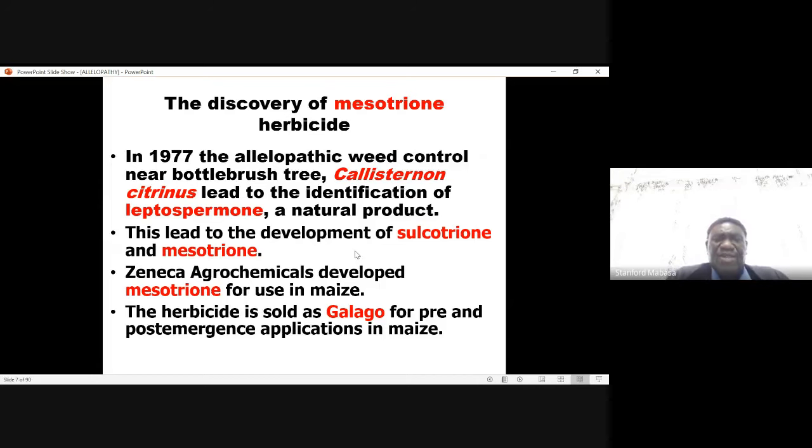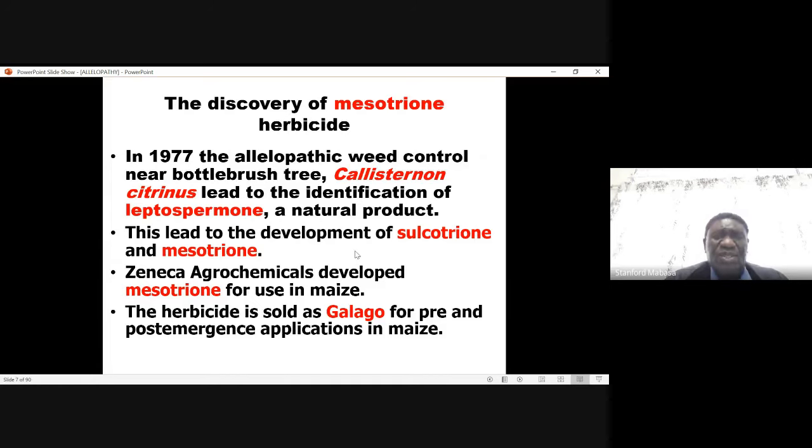And Zeneca agrochemicals developed this mesotrione. In Zimbabwe, it is being sold as Callisto, which can be used to kill weeds. You can either apply it pre or post-emergence in a maize crop.